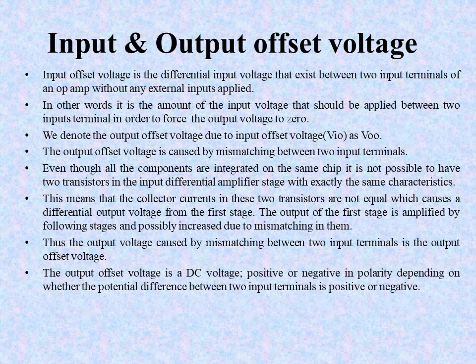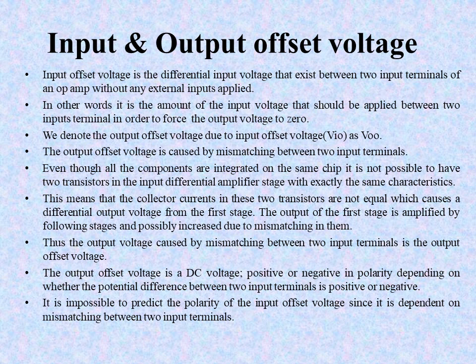The output offset voltage is a DC voltage. It can be either positive or negative in polarity, depending on which terminal is greater. If the positive terminal is greater, we will have positive polarity, and if the negative, that is inverting, terminal is greater, we will have negative polarity.